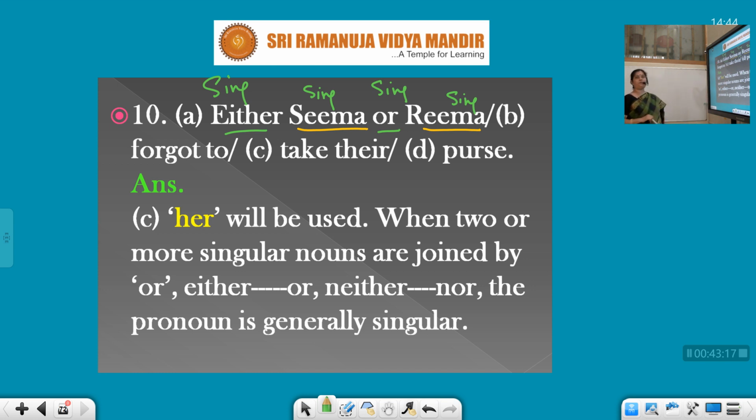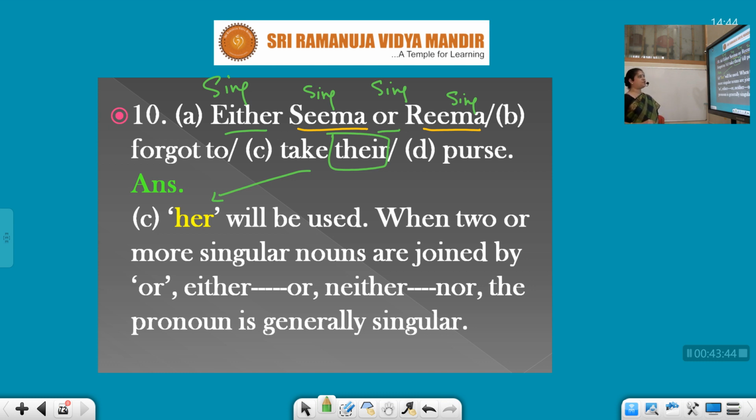Previous example I have given you, either the soldiers or the gatekeepers. So soldiers, gatekeepers are plural, so you have used their over there. But here I have used Seema, Rima, same example I gave you there. So Seema is singular, Rima is singular. So you are talking about anyone, either Seema or Rima forgot to take her purse. So it should be replaced with her.